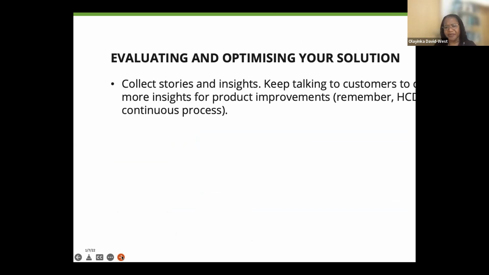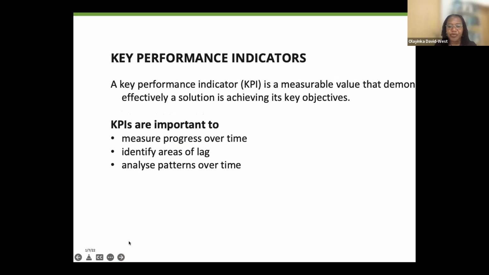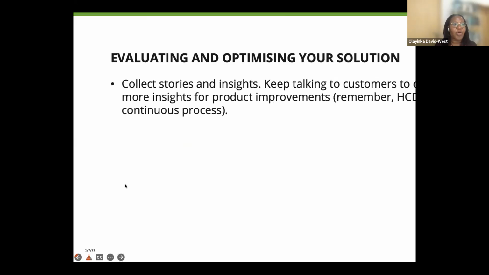And how do we do this? We need, again, to continue collecting stories, continue collecting insights, continue checking, what is going on? How is it working? Does it do what it's supposed to do, etc. So we need to remember that it's a continuous process. It's not static.